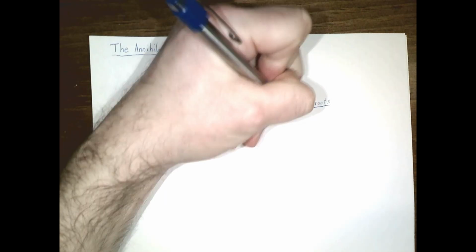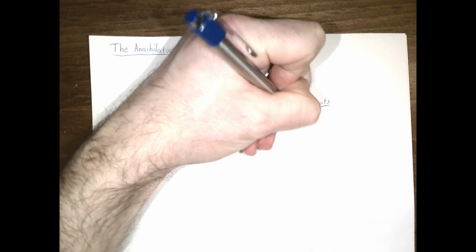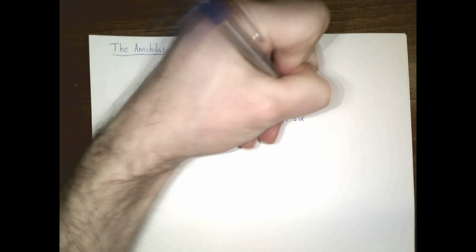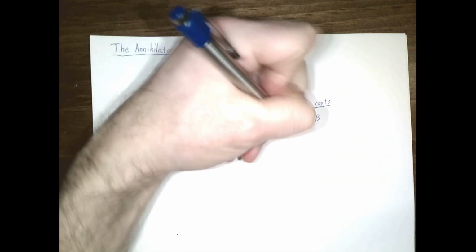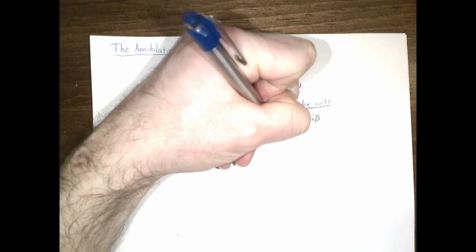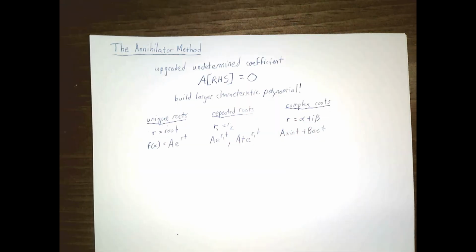If we have complex roots, where we're dipping into the imaginary here, r is equal to some real part alpha plus an imaginary part beta. Now, if it's completely imaginary, we get some sort of solution that looks like a combination a sine t plus b cosine t.